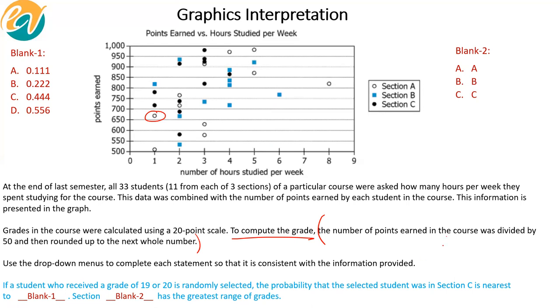So 670 was divided by 50, which gives us 13.4. And then it was rounded up to the next whole number. So this person earned a grade of 14. Are we clear? So this is how the grade was computed.